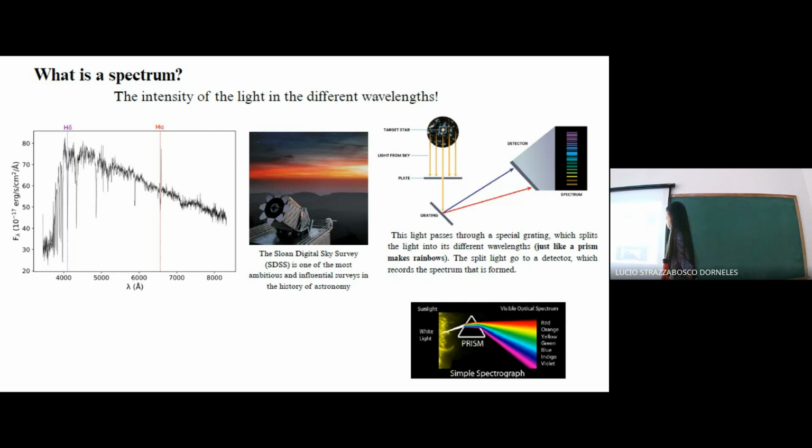The telescope captured the light of the galaxy, and we have a spectrograph that works like a diffraction grating. In this grating, we spread the light into the different wavelengths. So it works basically just like a prism makes rainbows, but it's more difficult than it seems.